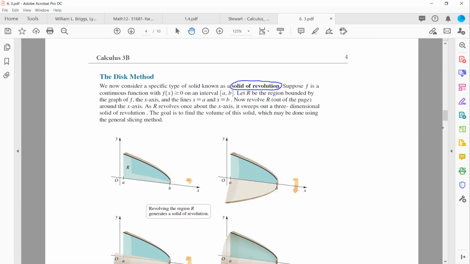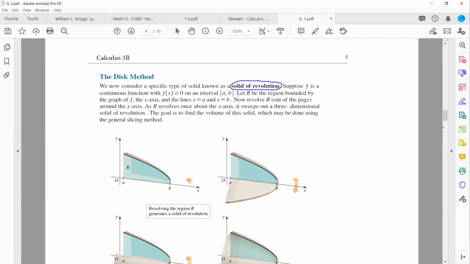Now suppose R is the region bounded by the graph of function f, the x-axis, and two lines x equals a and x equals b. So what do we have here?